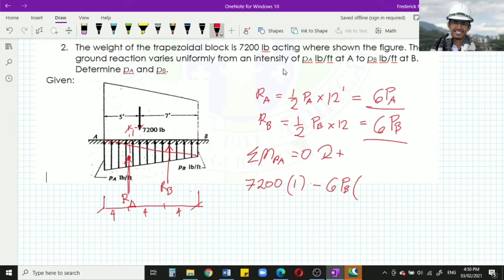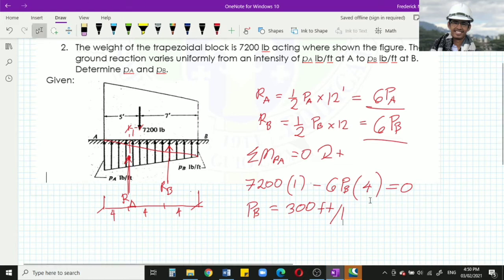So that will be 4 feet. Okay? 4 feet, equal to 0. So solving for PB, PB now will be equal to 300 pounds per feet. Okay?